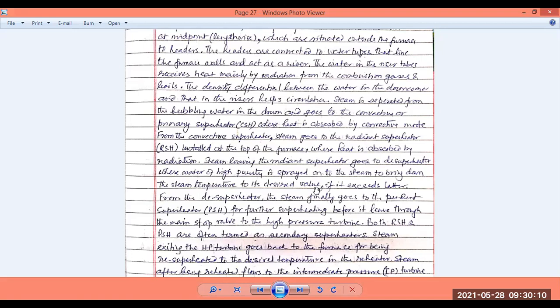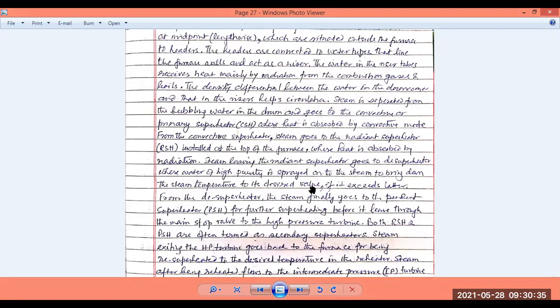So we spray the steam with cold, pure water. This water should be of high purity. Otherwise, normal natural water has a lot of impurities, which will get absorbed by the steam itself, and it can create corrosion on the turbine blades.